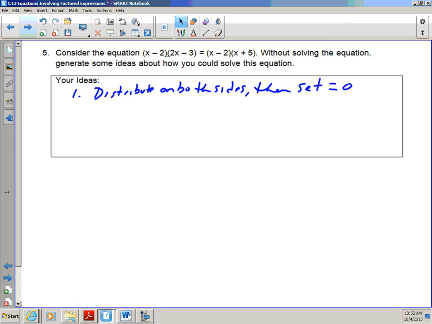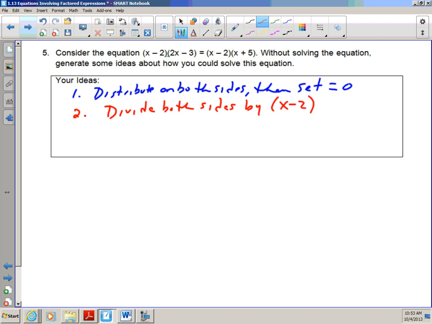Clever students see that both sides have an x minus 2 times the other binomial, and they might say, I'm going to divide both sides by x minus 2. It's a clever suggestion. The third suggestion would be to take everything on the right side, it doesn't matter if it's right or left, but right side, and subtract it from each side.